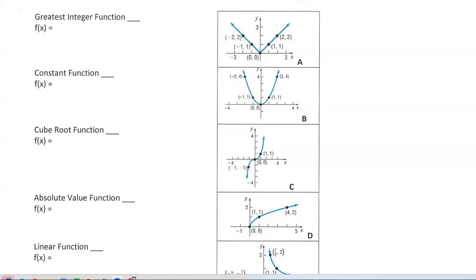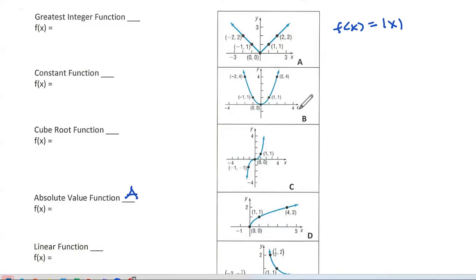This is an absolute value graph. For this one we should have f of x is equal to the absolute value of x, and that corresponds to a here. If you were to follow this, that would be a.